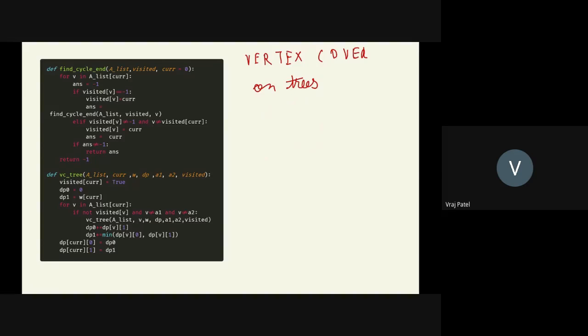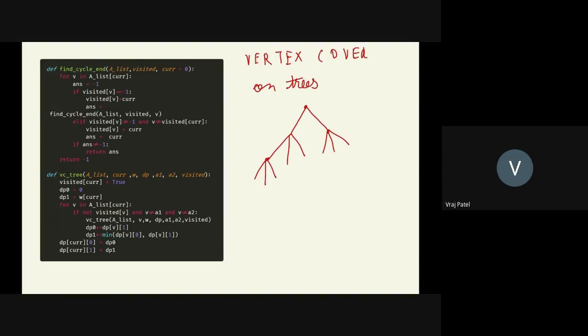So what happens on trees? Let us consider some tree like this, right? For this tree, we can try to do a DP on this tree and try to find a vertex cover of minimum cost.